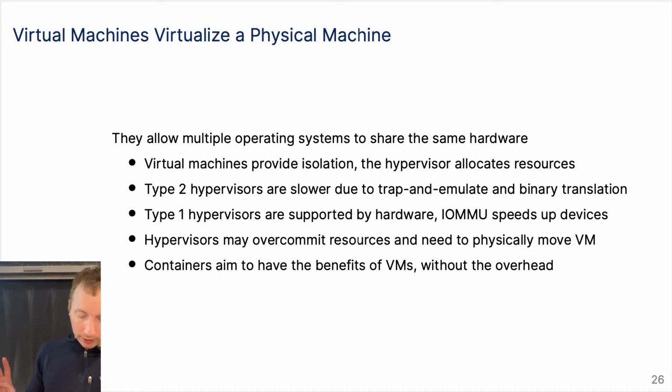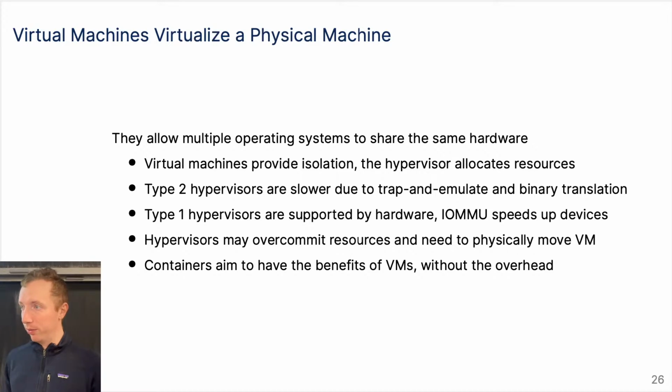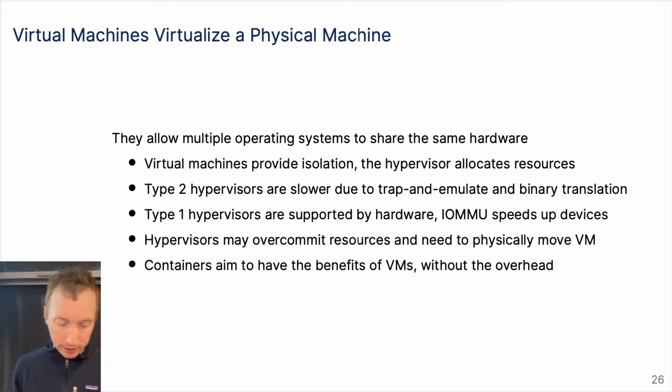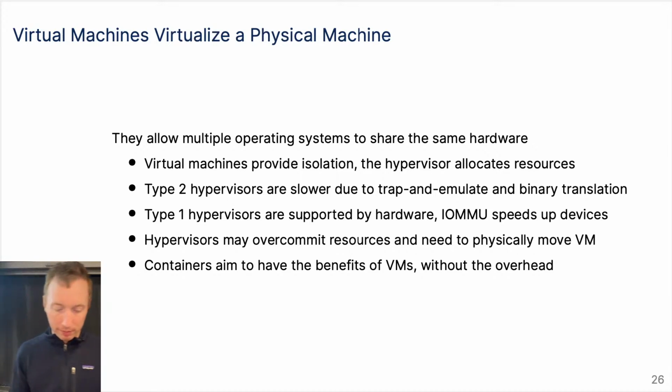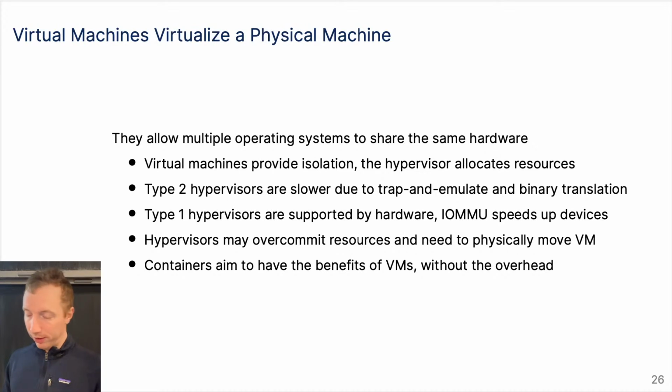Type 2 are slower because they have to handle the instructions specially, using either trap and emulate or binary translation, while type 1 hypervisors are supported by hardware. They can use something like an IOMMU to speed up devices, but hypervisors might overcommit on resources and need to physically move virtual machines, but thankfully that's easy.